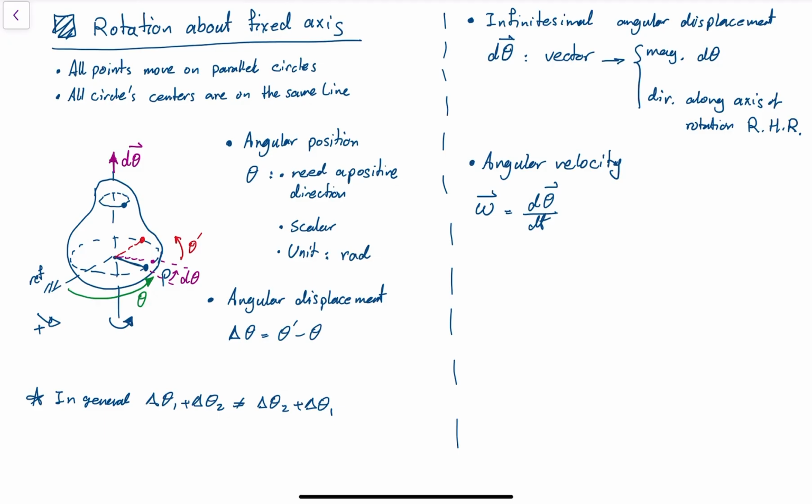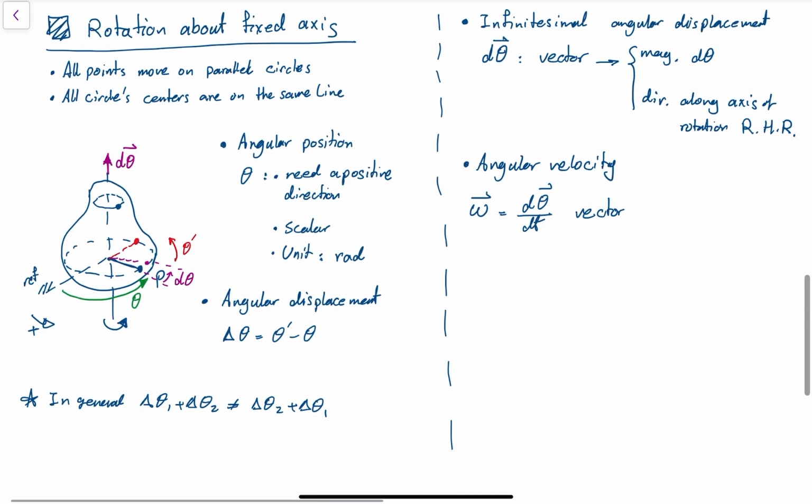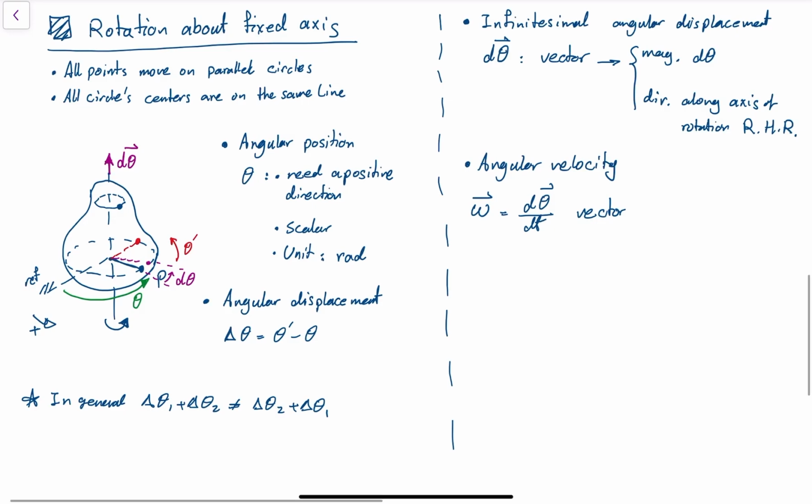And this is also a vector. Its magnitude is how much you have turned divided by how much time has passed. And its direction, identical to the direction of d theta, is going to be along the axis of rotation, consistent with the right-hand rule.